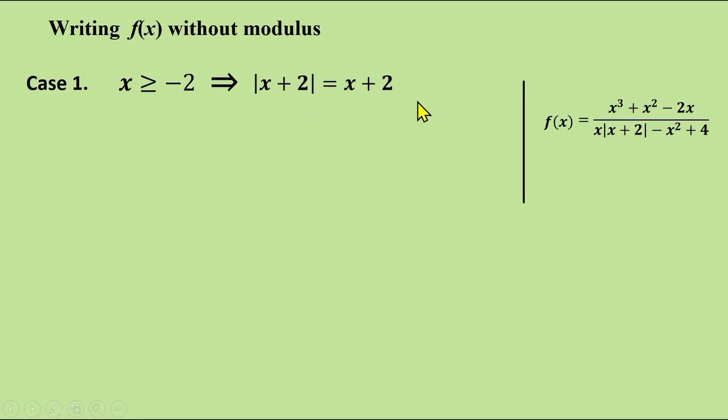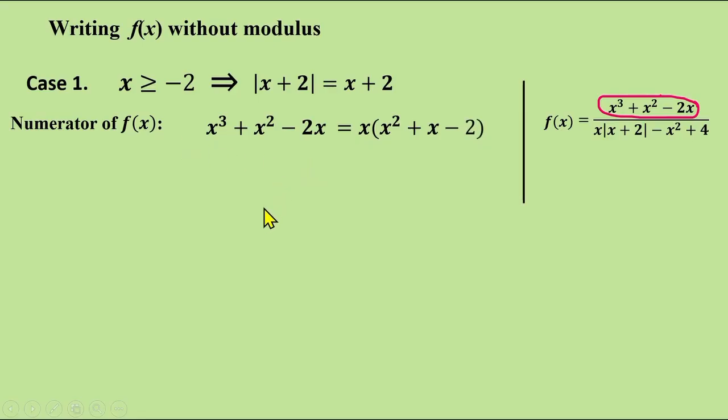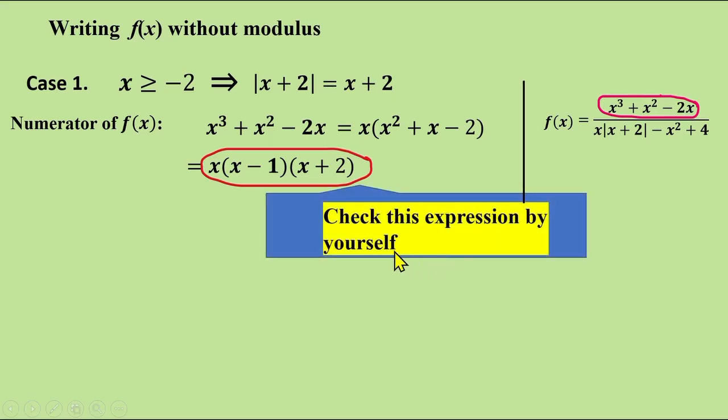In this case, modulus of x plus 2 equal this. We can see the numerator of our function, factor x, and then we represent this quadratic polynomial as a product of two linear terms. Please check yourself that this expression is correct. You should know how to do this.